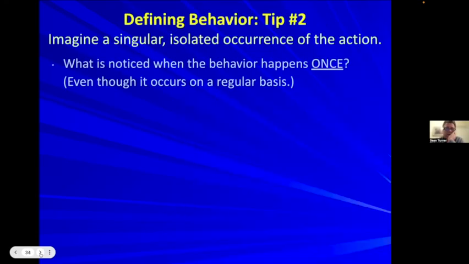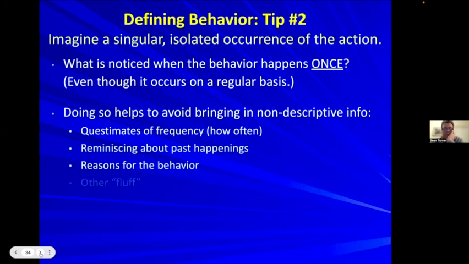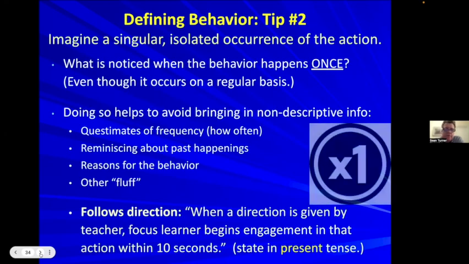Behavior tip 2: imagine a single isolated occurrence of the action. What is noticed when the behavior happens once? Doing so helps to avoid bringing in non-descriptive things like reminiscing about the past, frequency, or reasons for the behaviors.